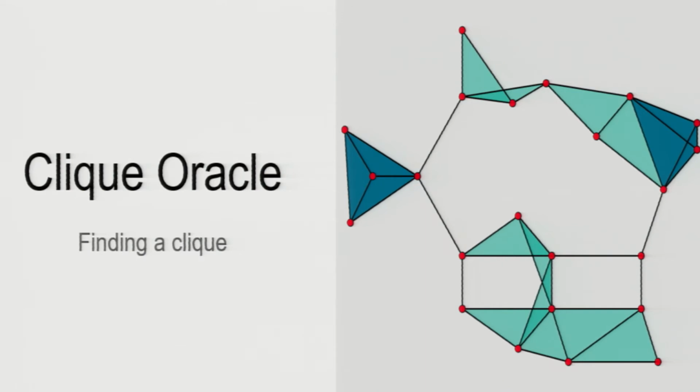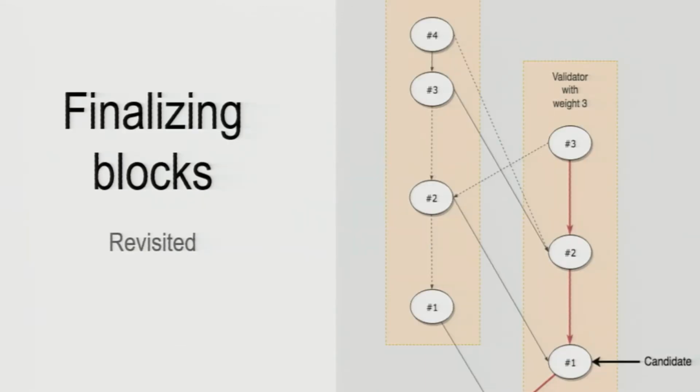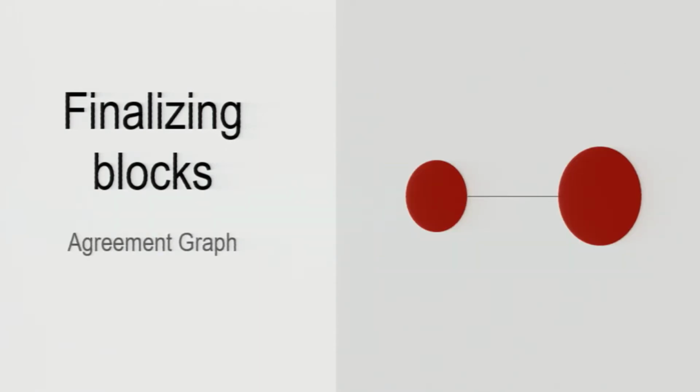And so going back to the step before we ran the safety oracle on the candidate, we want to build this agreement graph, which I'll describe in more detail now. But the idea here is that you draw out all your validators as vertices.